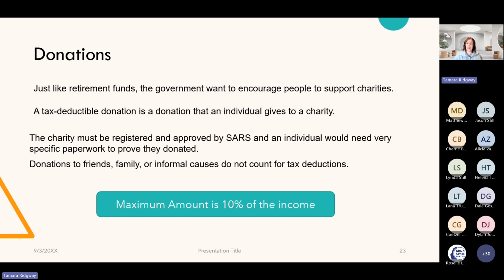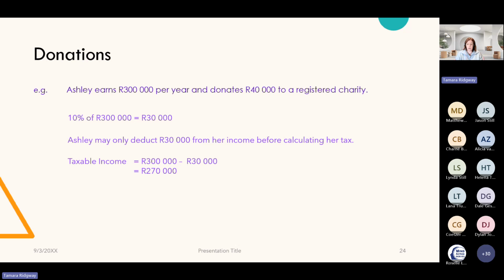So let's look again in isolation. I'm very aware I told you this is my choice. In isolation, I'm just focused on these calculations. So Ashley earns 300,000 Rand per year and donates 40,000 to a registered charity. So again, you could tackle this two ways.